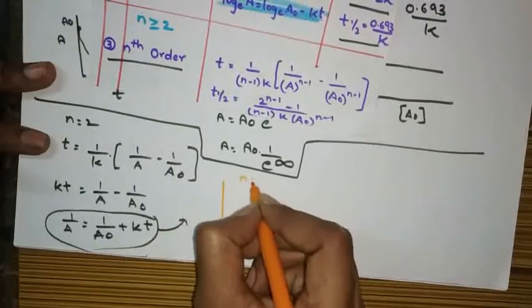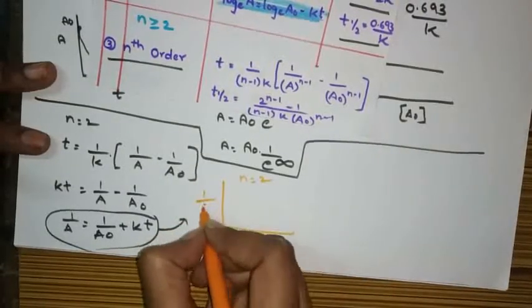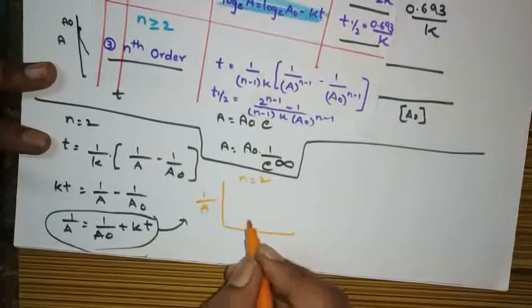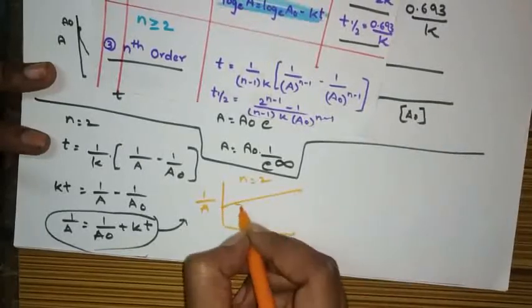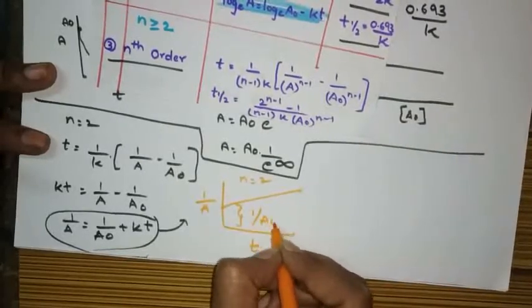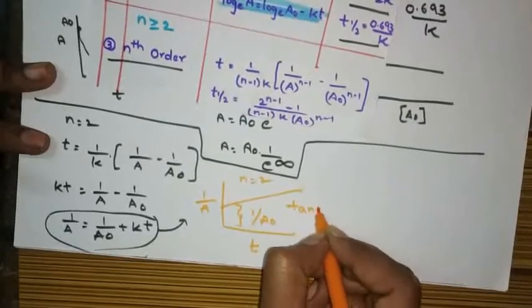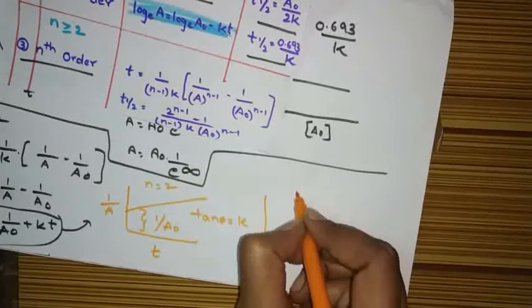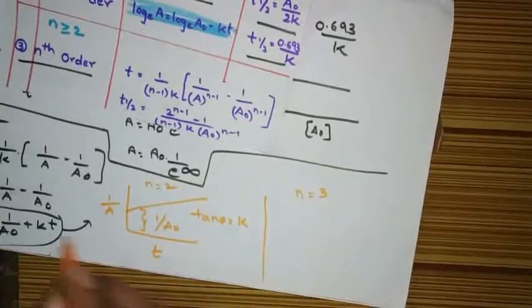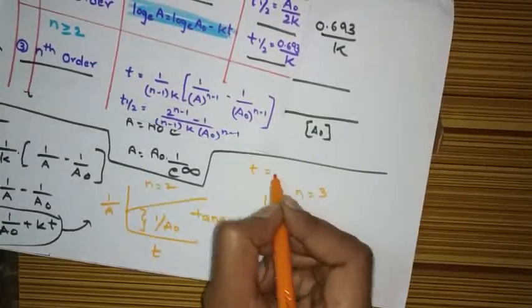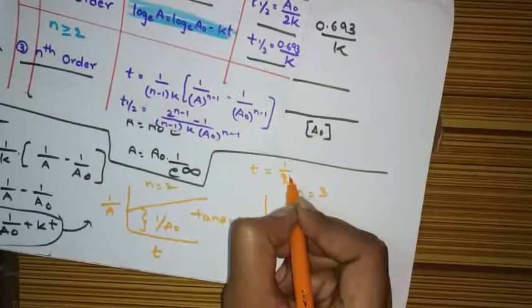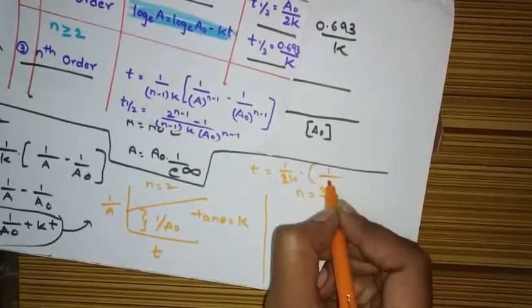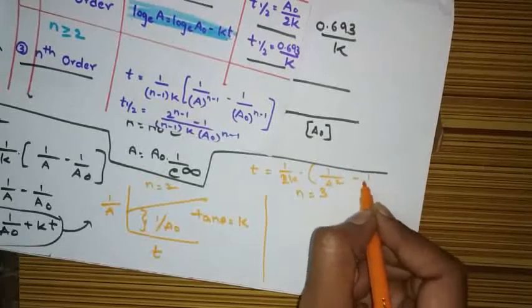For n is equal to 2, for second order reactions, concentration, time, this is 1 by A naught, and tan theta is equal to K. For n is equal to 3, what you will get? Time is equal to 1 by 2K into 1 by A square minus 1 by A naught square.